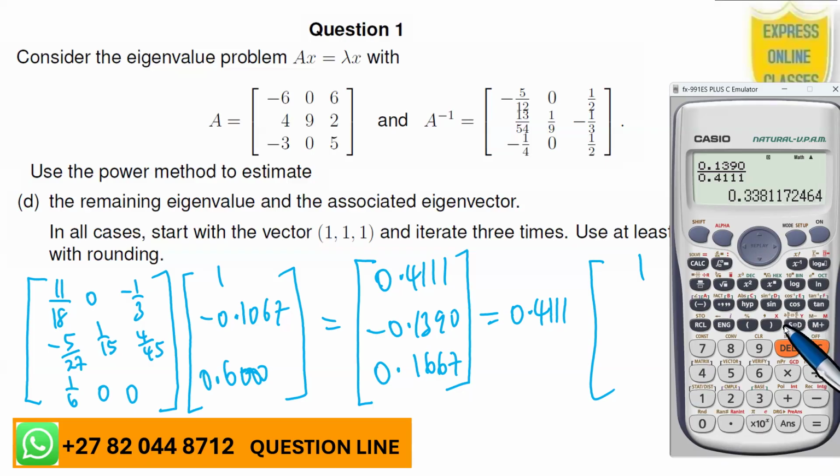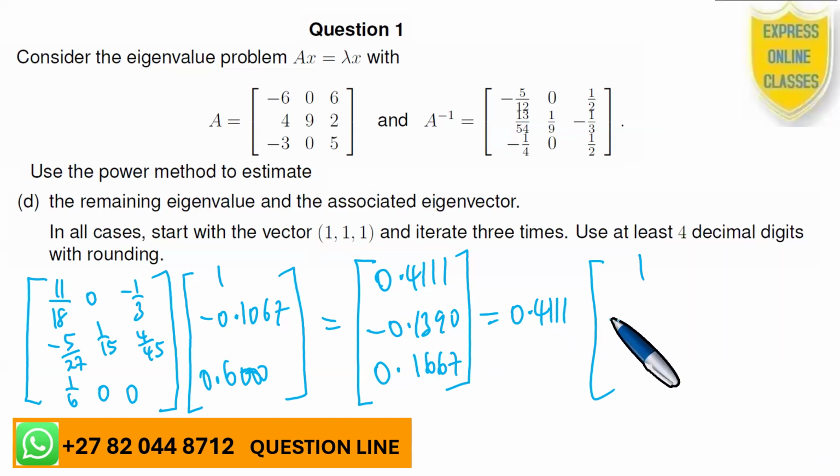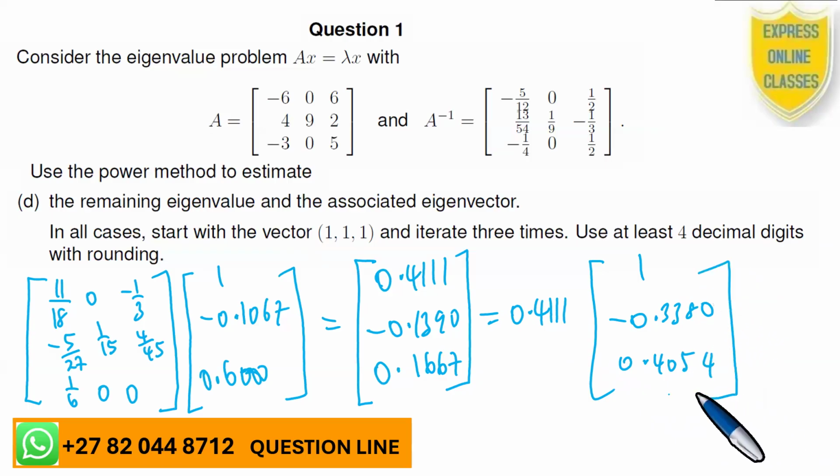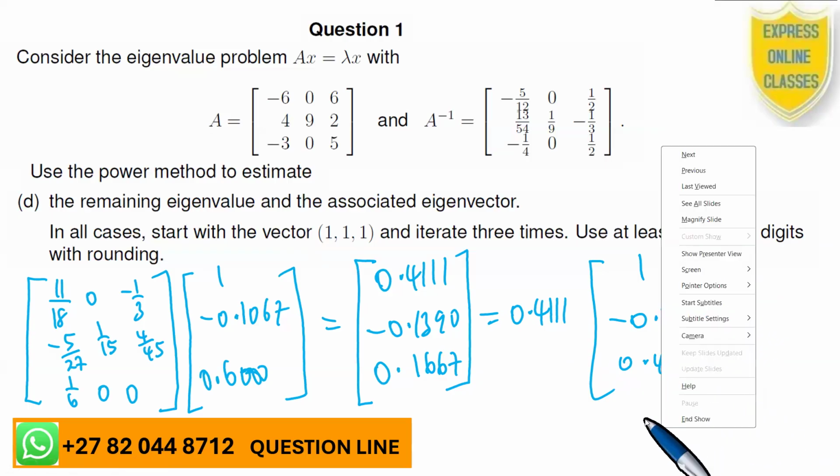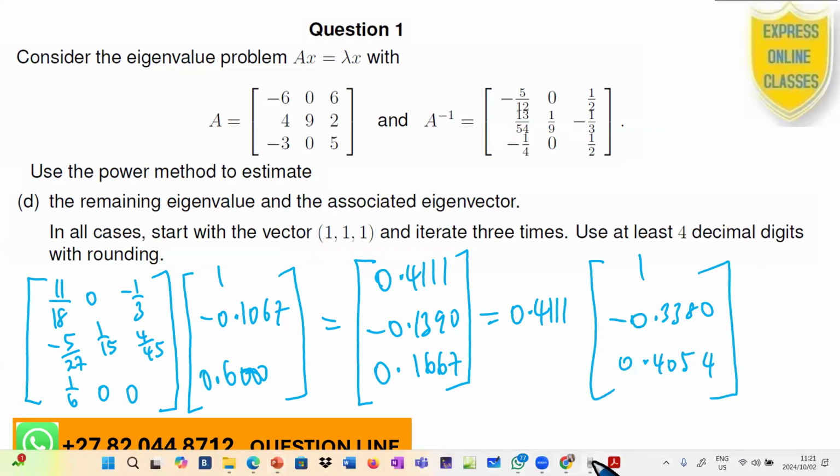So which is 0.338, but it's negative 0.3380. In the same way, dealing with the other one, it's going to be 0.4054, as one can just check this out. And to check this out, I said ready to confirm this using our calculator.